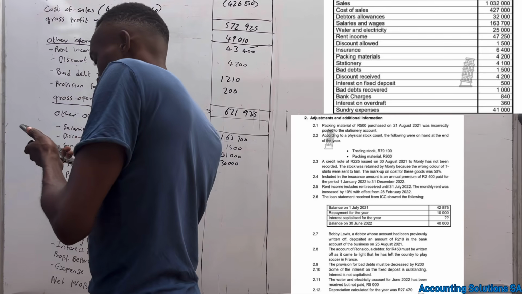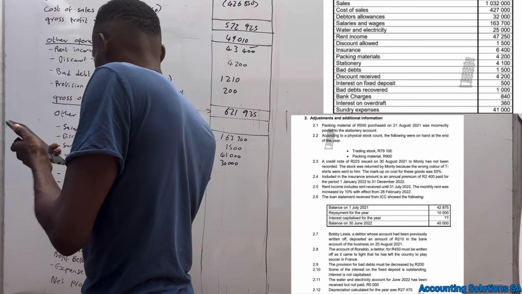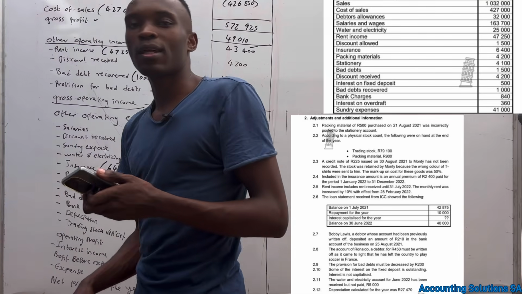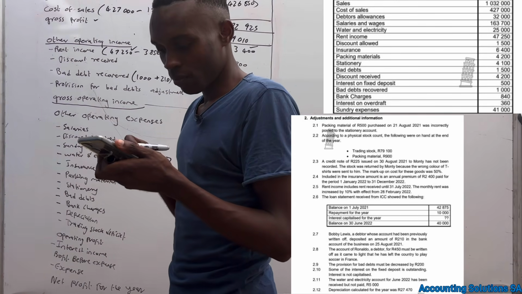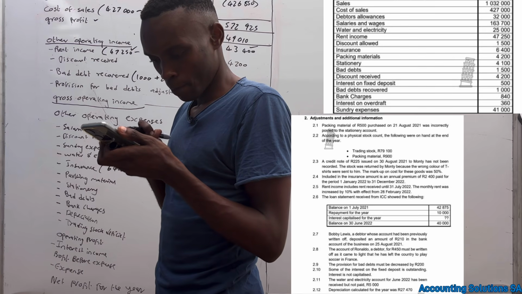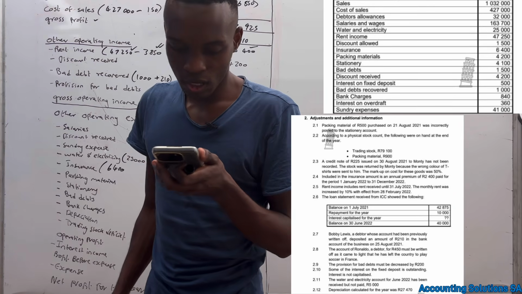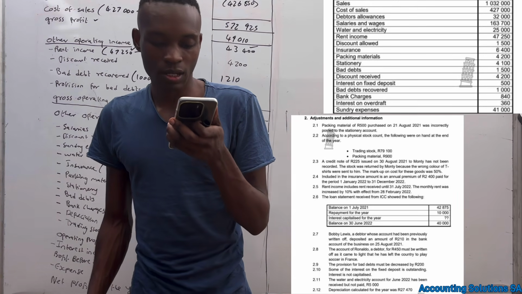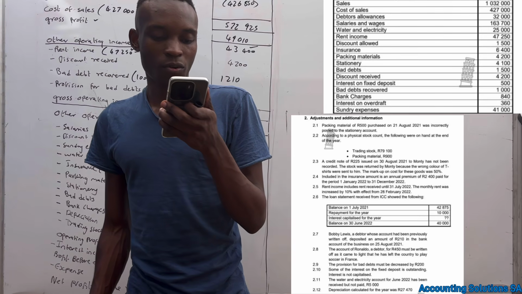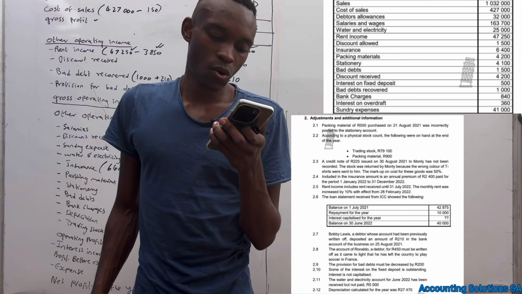Okay, the next one is insurance. We open a bracket and we take the one on the balance. Insurance is 6,400 under the trial balance. Then after that we look for the transaction. Transaction number 2.4. Included in the insurance amount is an annual premium of 2,400 paid for the period of 1 January 2022 until December.